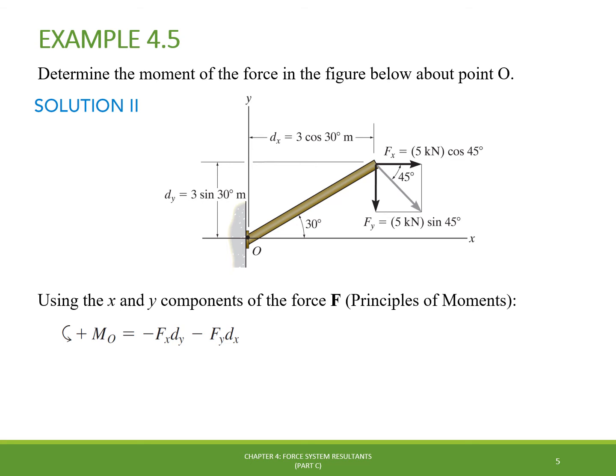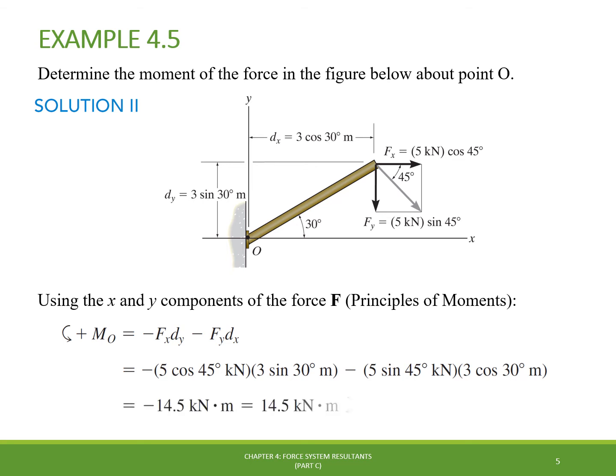Thus we have the negative signs in this equation. Since all important angles are given in the problem statement, we just need to apply some simple trigonometric relations to determine the force components and the coordinates x and y of the point of application of the force. Then we substitute all values into the moment equation and get the same final answer.